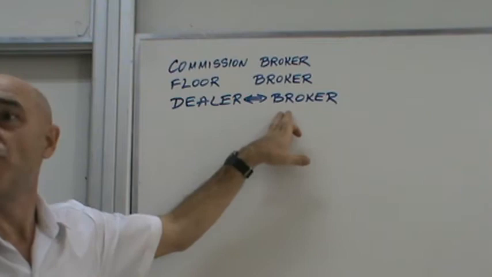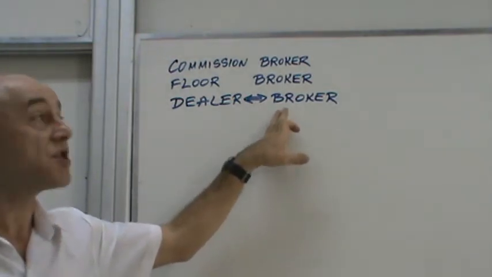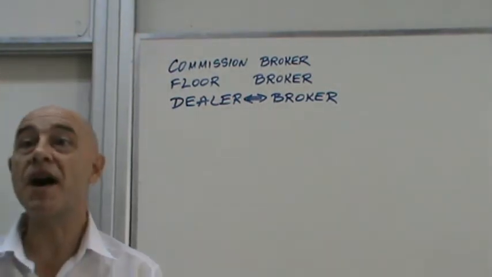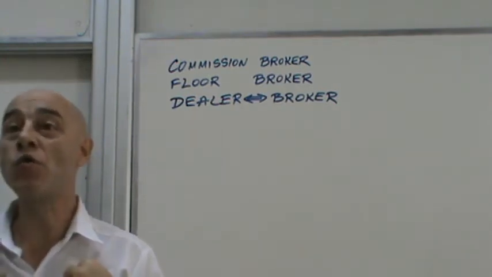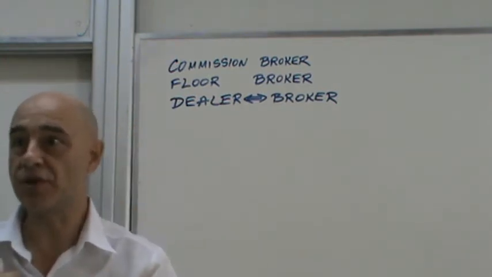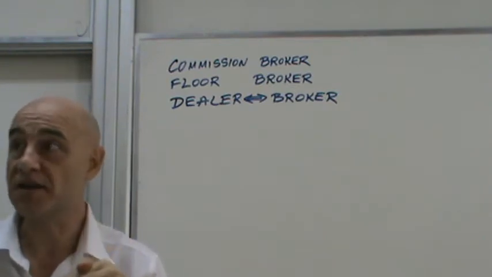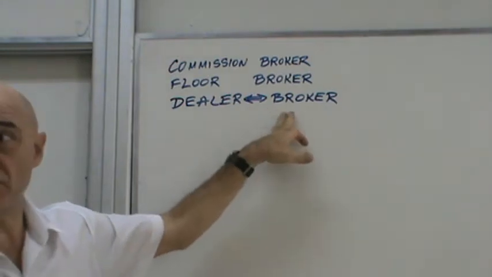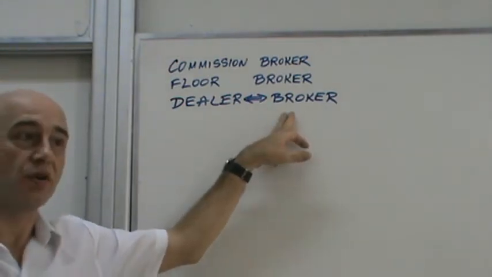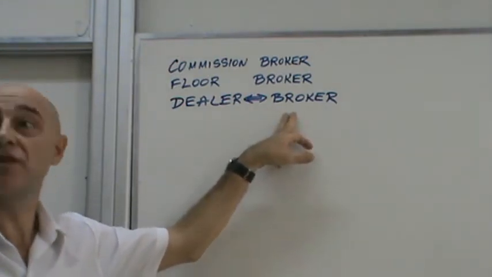A broker will execute for others. So a dealer, when he buys a stock or a currency, he owns it. If the stock goes down or the currency goes down, he takes a loss. If it goes up, it makes a profit. The broker will buy it for you. If it goes down or up, you take the loss.